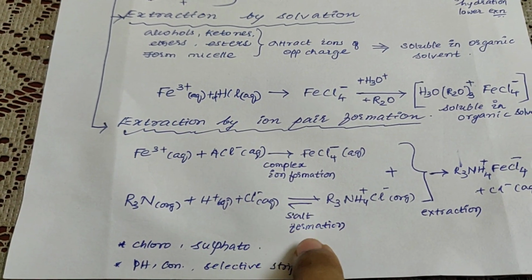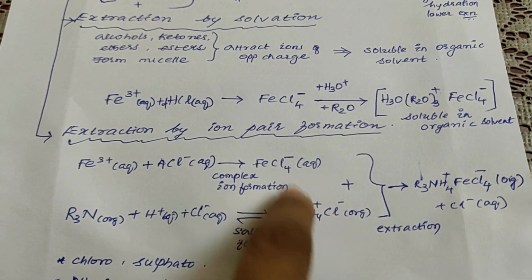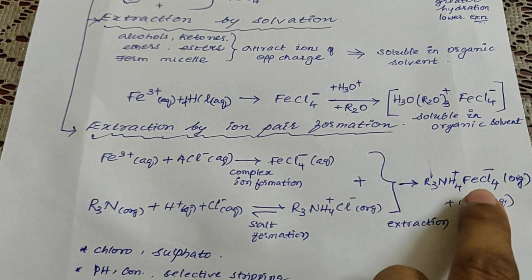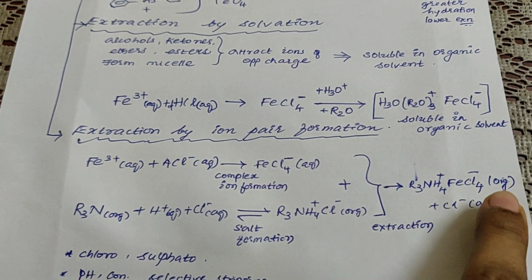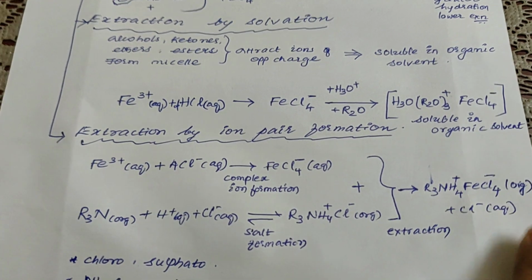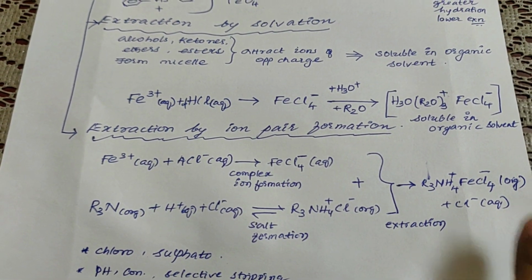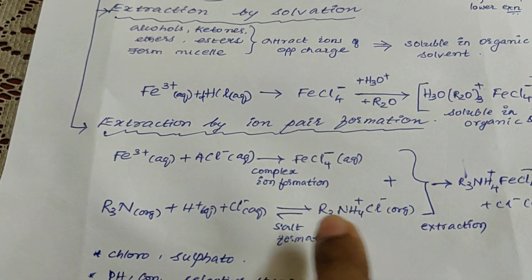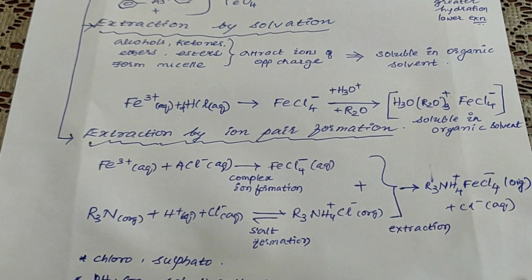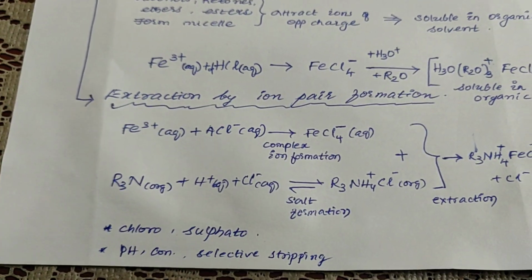This is called a salt formation reaction. This salt combines with FeCl4- to give us R3NH+ FeCl4-, which is soluble in the organic layer, and Cl- goes to the aqueous layer. Hence here also we have formed an ion pair which is neutral and becomes soluble in the organic phase.